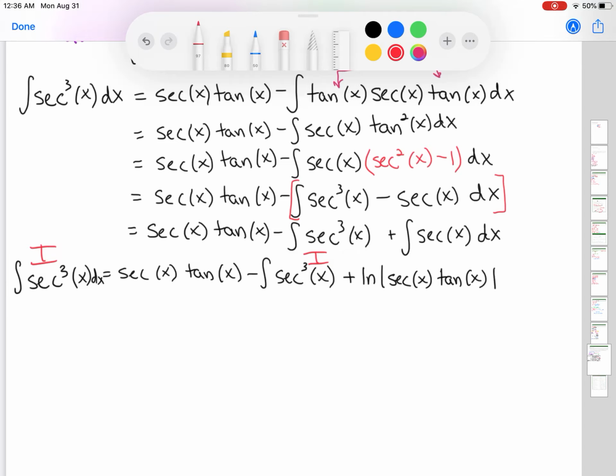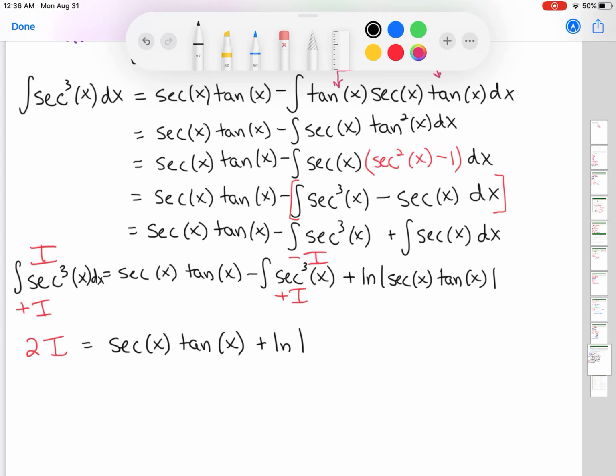Okay, let's collect all the I's on one side. If this is a negative I, let's add I here. That means we're going to have 2I equal to secant x tangent x, right? And then what do we have left?